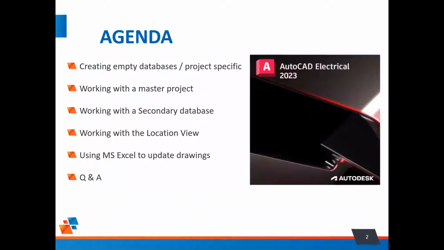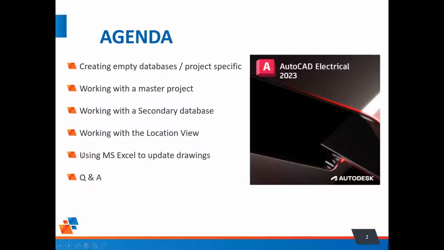Okay, so today what we're going to talk about is how to create an empty database or a project-specific database, how to work with a master project so you can reuse your projects over and over, and how to work with a secondary database, so you do not have to use the main one, which is a lot bigger.